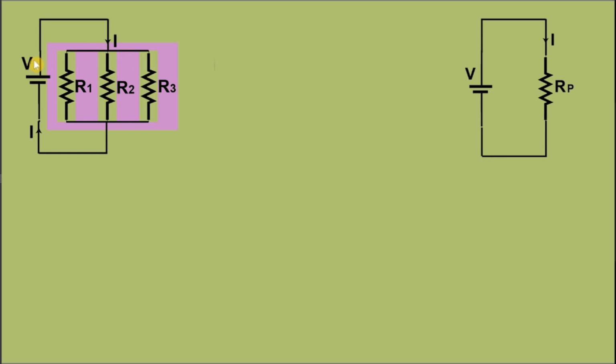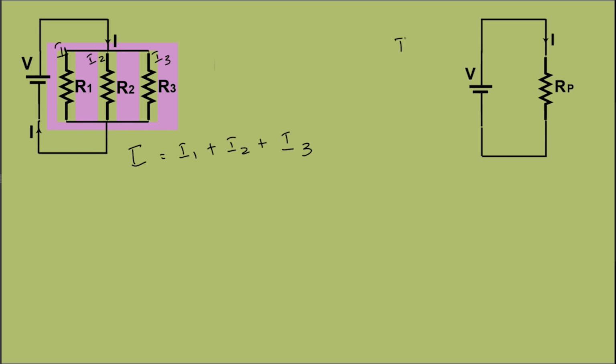In this case, voltage across the three resistances will be same, but current will be different depending upon the value of resistances. As the total current I entering the junction divides into I1, I2, I3, I can be written as I1 plus I2 plus I3.